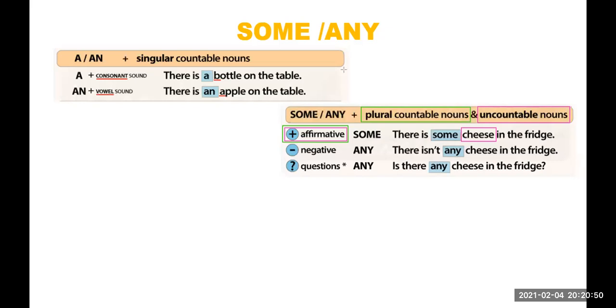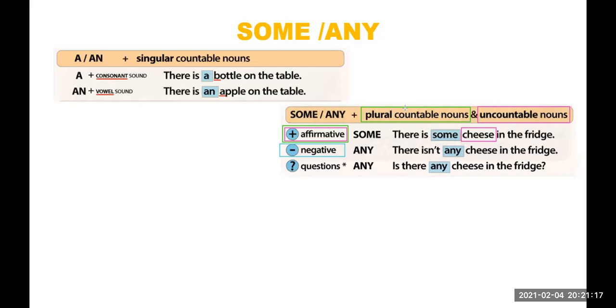Then we have negative sentences. We use any for negative sentences, for plural countable nouns and for uncountable nouns. For example, there isn't any cheese in the fridge. Cheese is uncountable, right? But also we can say there aren't any apples in the fridge.